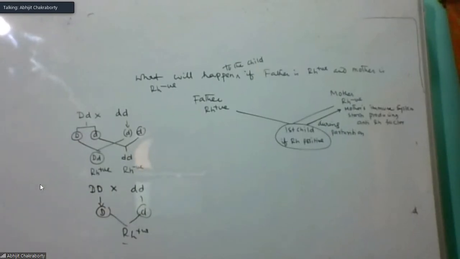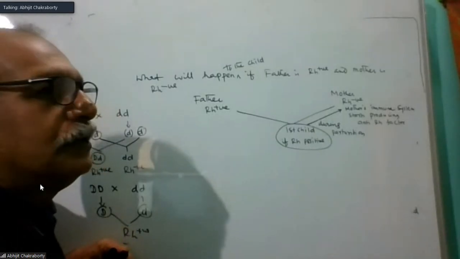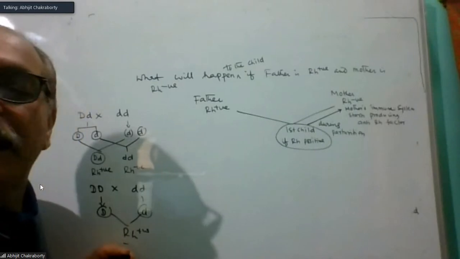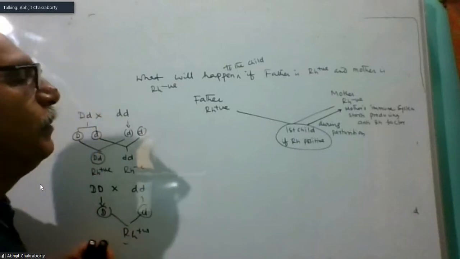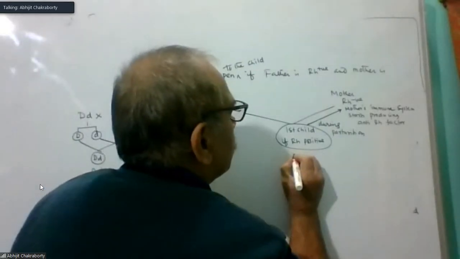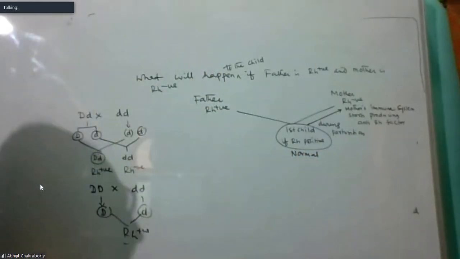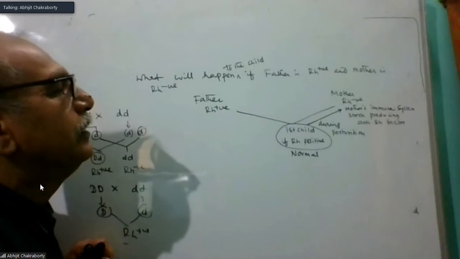But in the meantime, the process of parturition is completed. Till NTRH factor is developed in the mother's blood, the parturition process is completed, so the first child is found normal, because only mixing occurs at the time of parturition.